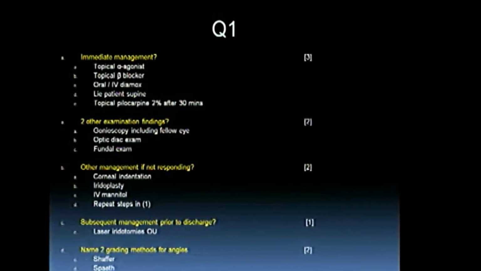There's three other methods for grading angles, so I'd accept any two of the ones given here. Schaffer, which is the most commonly used, Spaeth classification, which is the A, B, C, D, E with the number, or Shaffer grading. Van Herick's not really an angle grading. Okay, that's a grading of anterior chamber depth.